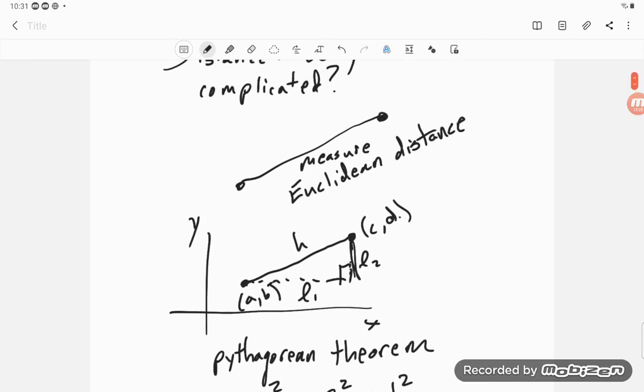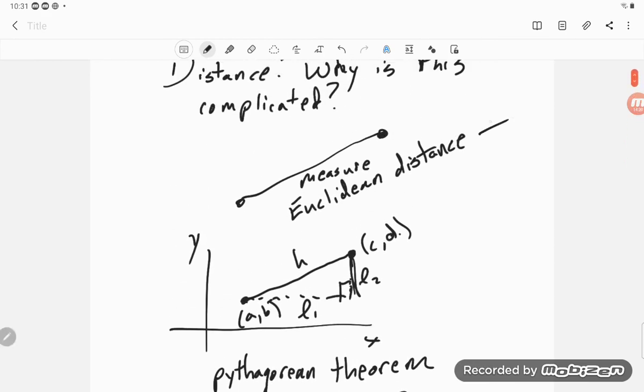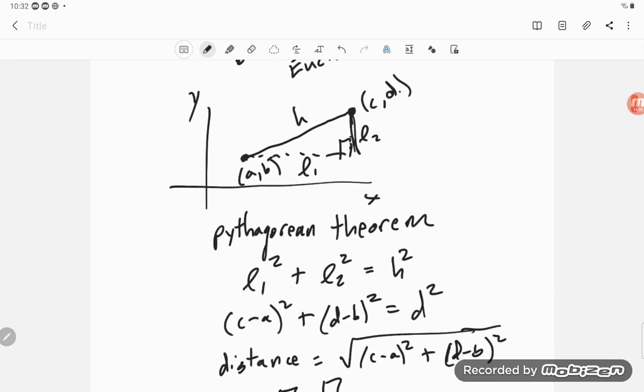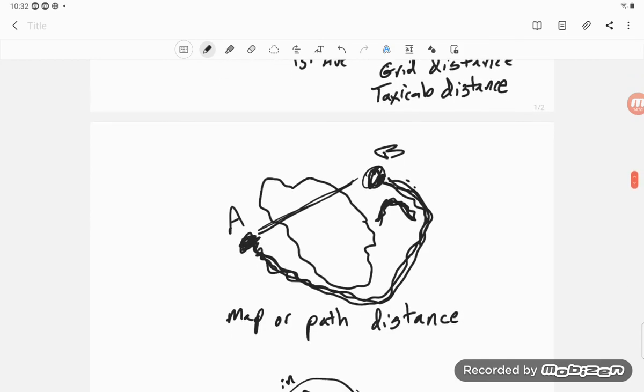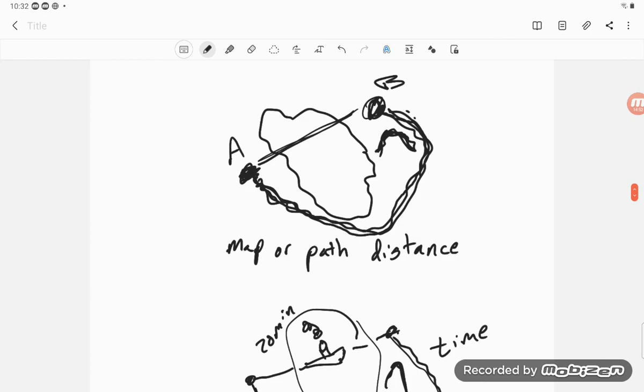So this is the thing, that really when we talk about distance, our immediate idea is this Euclidean distance, but it might be that we really need to talk about it, say, along a grid distance, like taxi cab distance, because we're on some sort of grid. Well, but it might not be exactly a grid, and we need to start talking about a map or path distance.